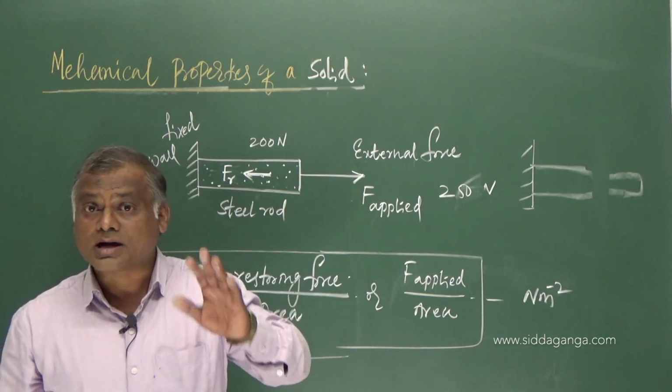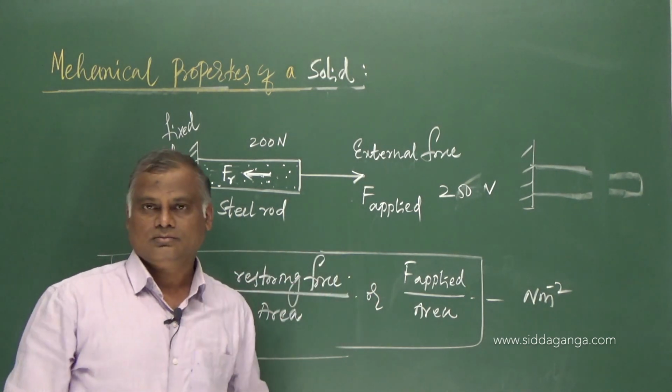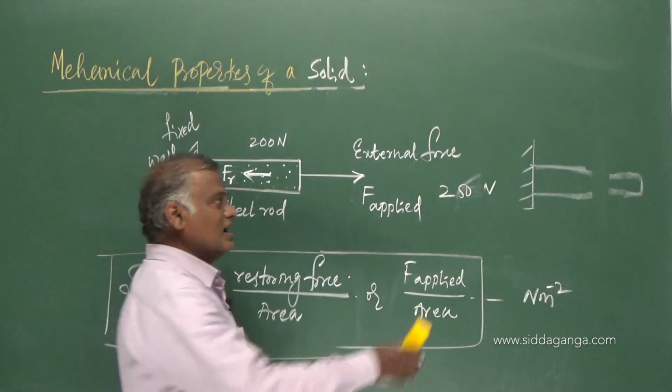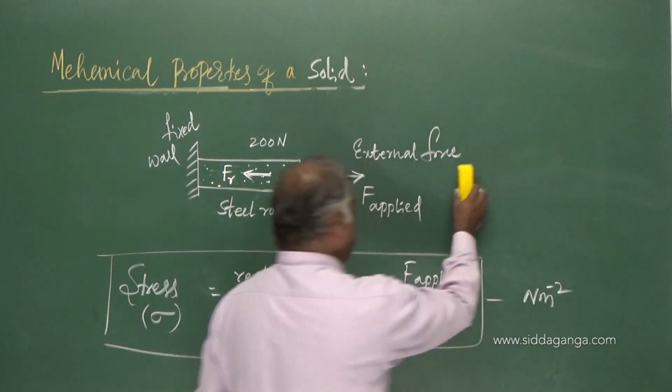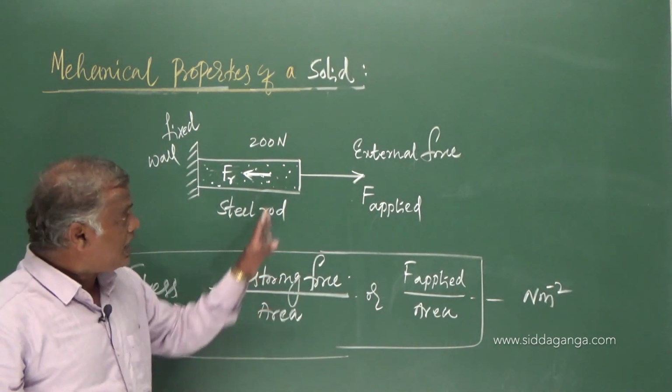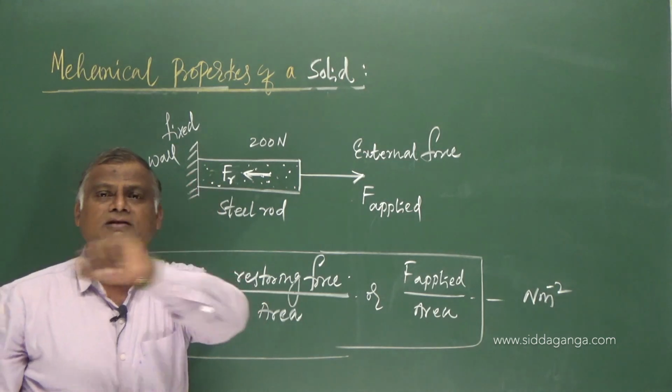We call that the breaking strength. We shall study it in detail in the coming classes. Now, applied force per unit area or restoring force per unit area has some limit.